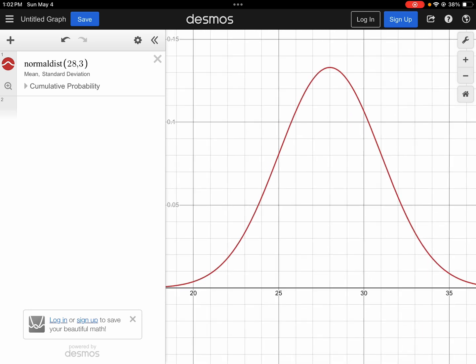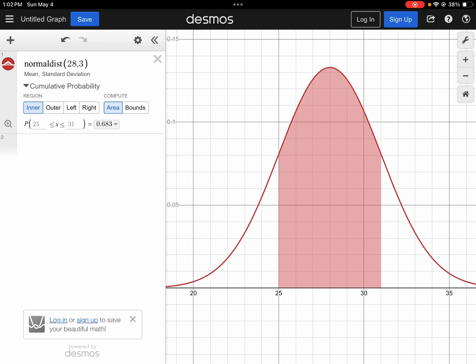Then we click the drop-down arrow where it says cumulative probability, and we can now calculate area underneath the curve, which is equivalent to probability. The first question asks, what's the probability that we select an x value between 19 and 34?